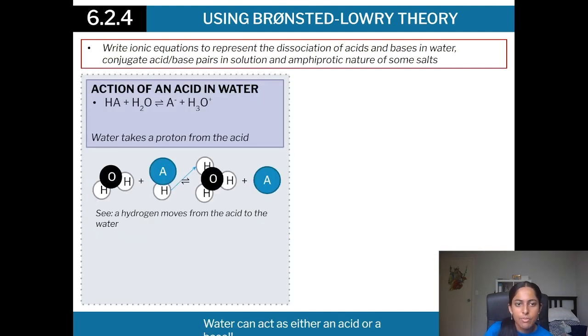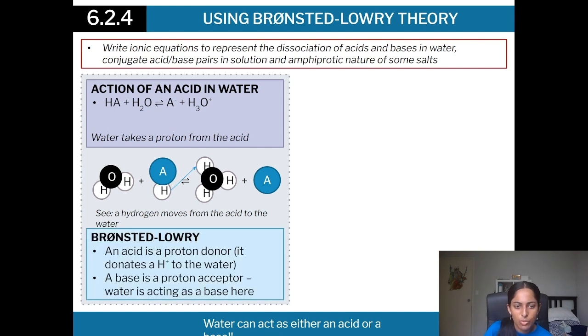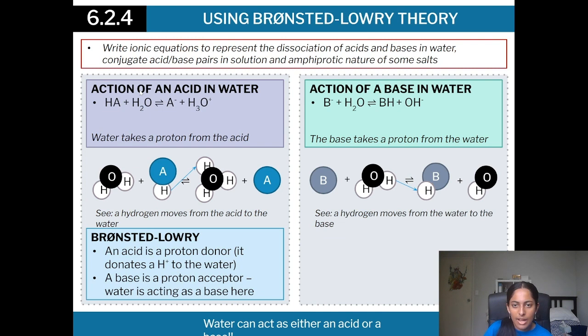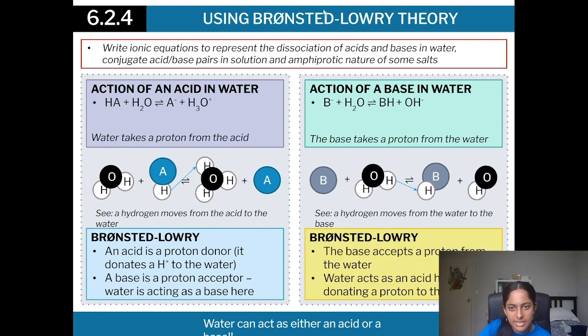All right, if we move on in terms of how acids and bases work in water, I've already explained how acids work in water. Water takes a proton from the acid over here, and there is a similar action that goes on in terms of bases. If you have a base over here and it reacts with water, the water actually becomes a proton donor, so it acts like an acid.